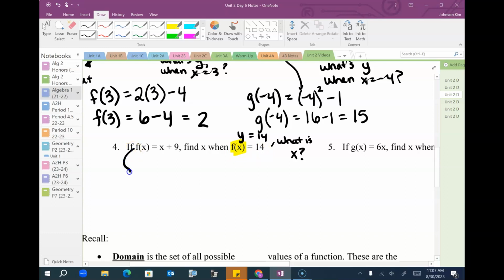So I'm going to rewrite this entire expression, but instead of writing f of x, I write 14. And that equals x plus 9. If I'm trying to find x, then I should be solving for the x value. So how do I get that x alone? I want to minus 9 from both sides. And we get 5 equals x.